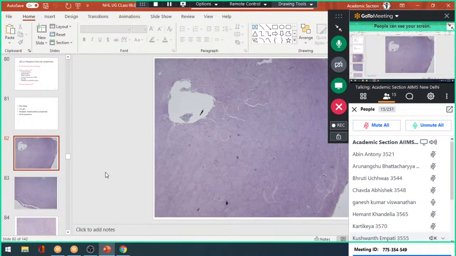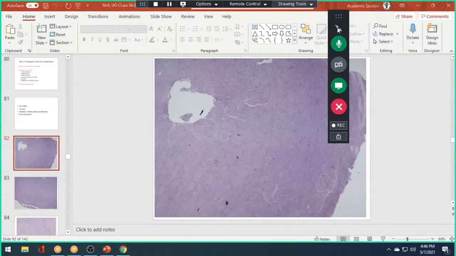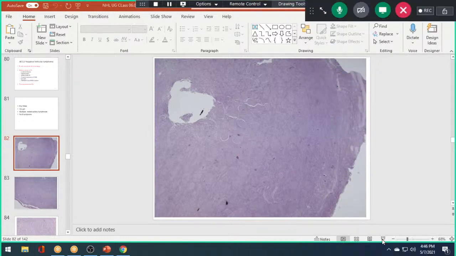So in my previous lecture and Dr. Ganesh's, we came to know how to diagnose lymphoma, what the morphology differences are between lymphoma and leukemia, and how they can present.